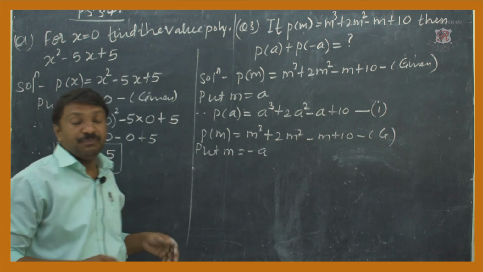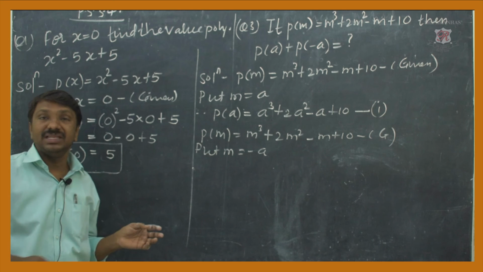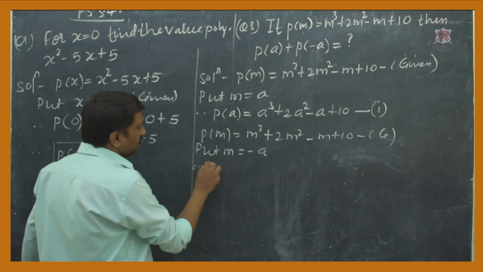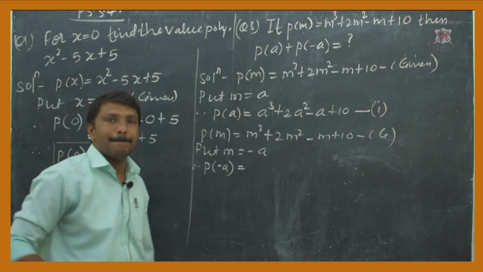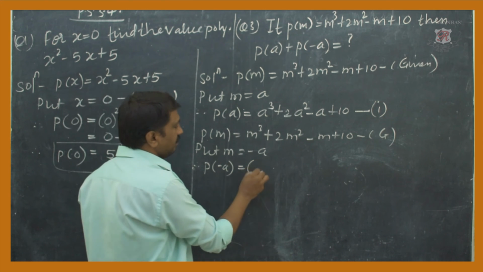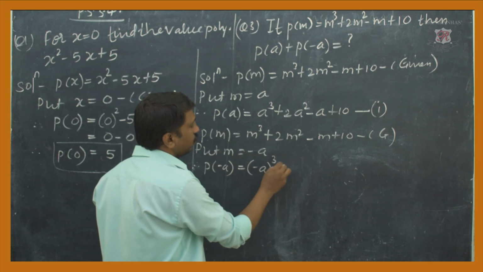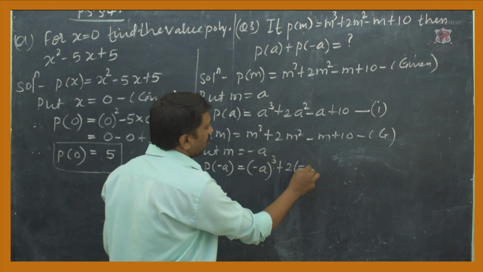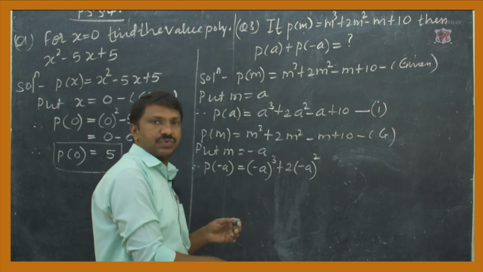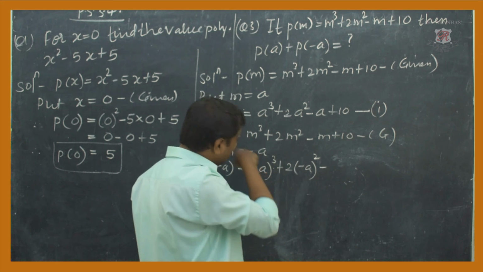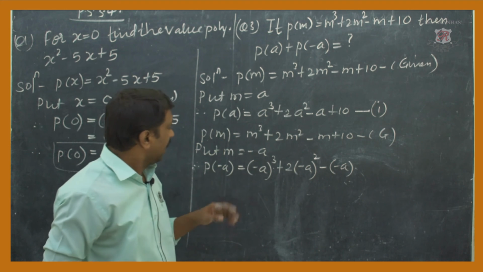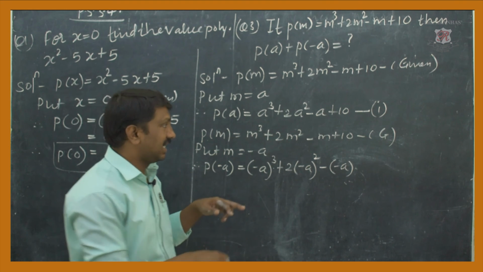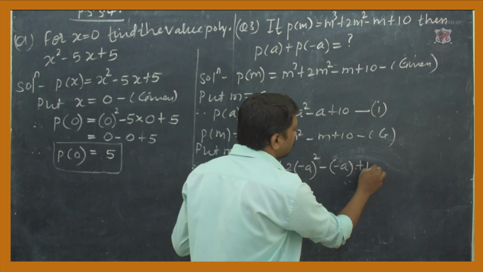So P(minus a) is equal to minus a whole cube plus 2 into minus a whole square minus minus a, plus 10.